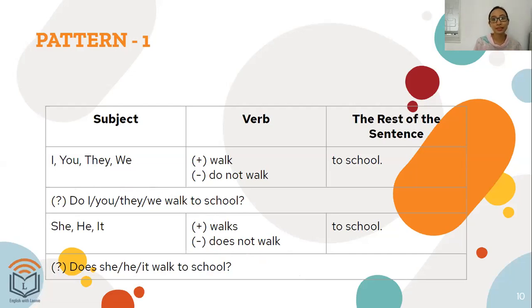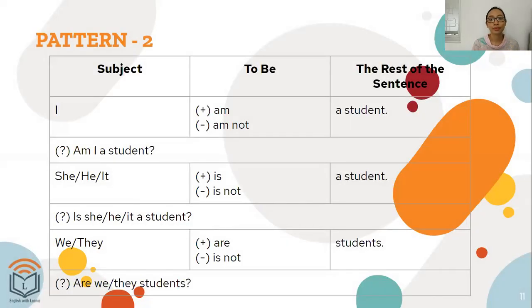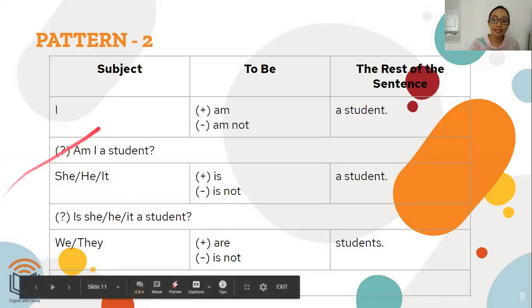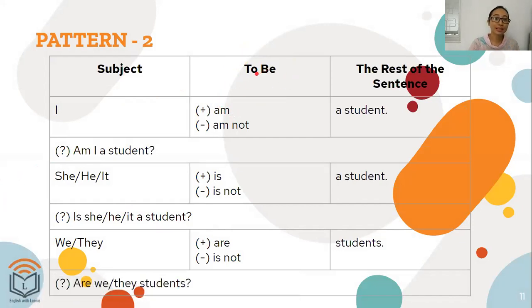Okay. But the next thing is, how if we have no verb? Look at the next slide. If we have no verb, so we will need to be. To be for present tense are am, is, are.